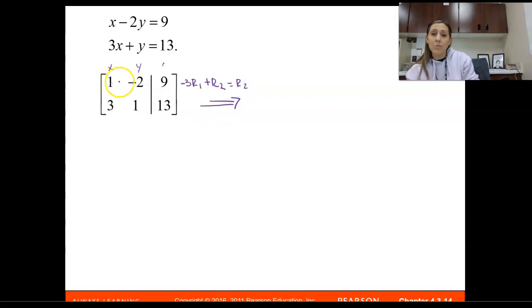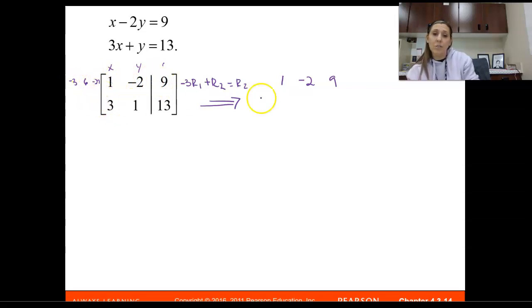My row 1 is going to stay the same in my new matrix, as I'm not creating a new row 1, but I am creating a new row 2. So if I do -3 times 1, I get -3. If I do -3 times -2, I get +6. And if I do -3 times 9, I get -27. Then I need to add this to this.